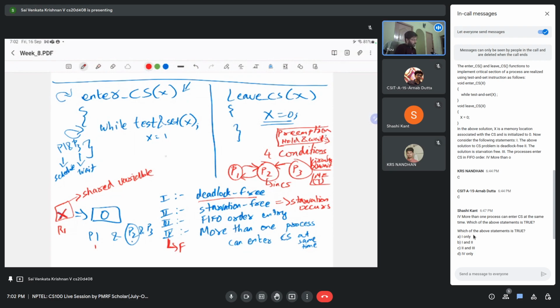So if P1 is waiting for something from P2 and P2 is waiting for P1, this is deadlock. This can happen because if process P1 doesn't come out of the critical section for a long time, then obviously it will be deadlock, right? No, no. Only if a cycle is formed, it's a deadlock. Both should be waiting for each other.